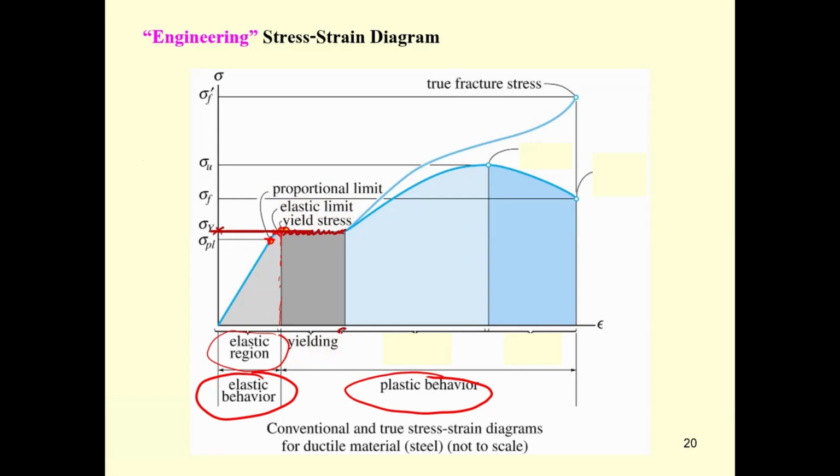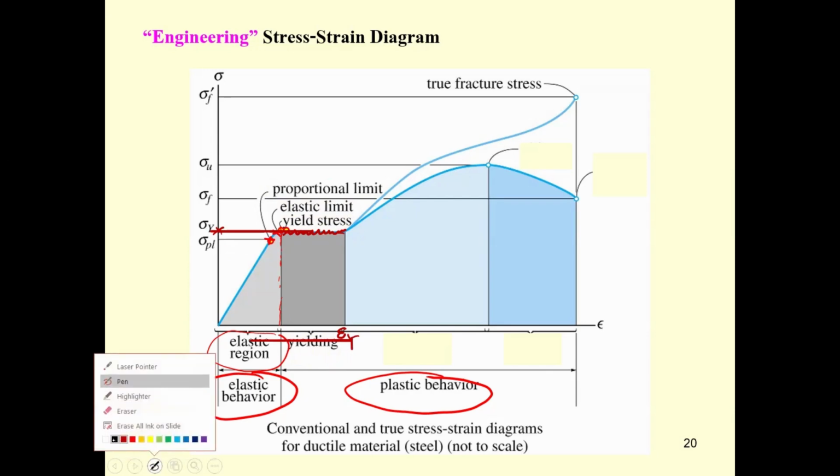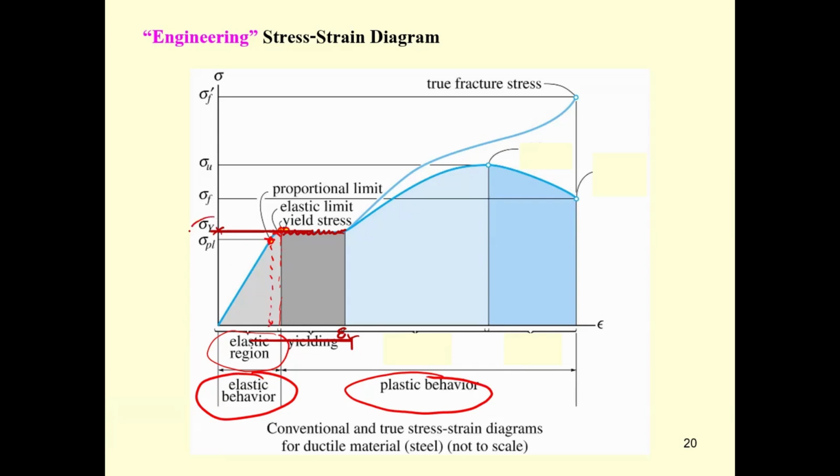At the end of this, you get the yielding strain, which is a lot larger than the strain at the proportional limit. Then we use sigma sub y as the strength of the material, and most of the time it's pretty close to the proportional stress.